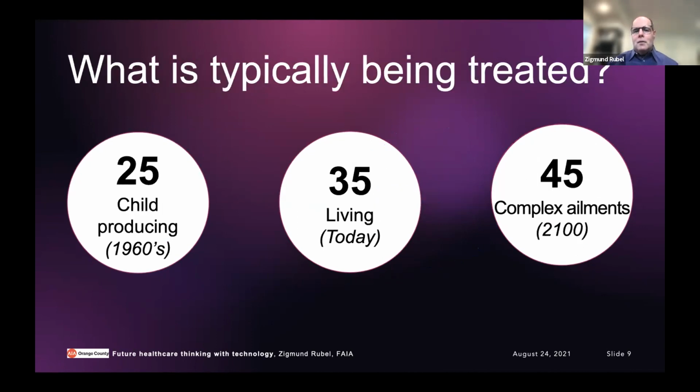So again, in the 1960s, the country was really producing children. Today, we're focused more on living. And by the end of the century, we're really going to be focusing on complex ailments, but it's likely going to be sped up, primarily because we're dealing with the pandemic and all of the fallout.